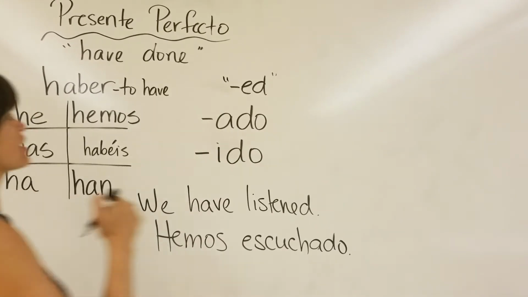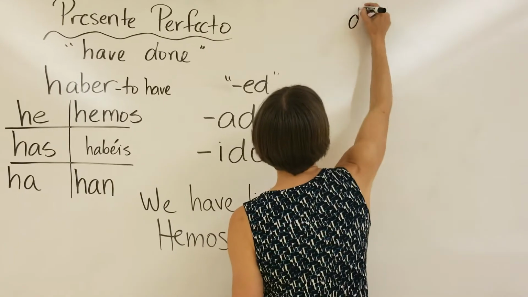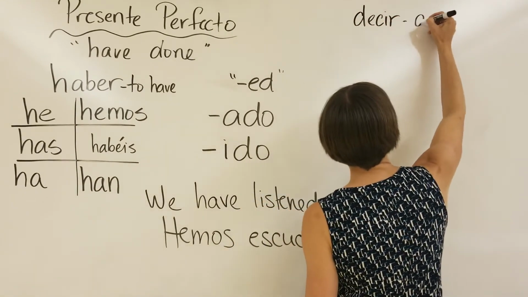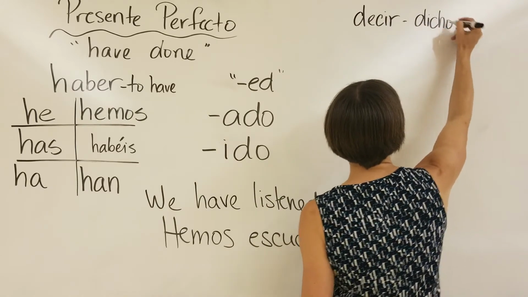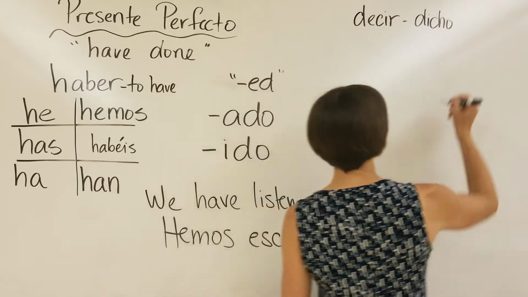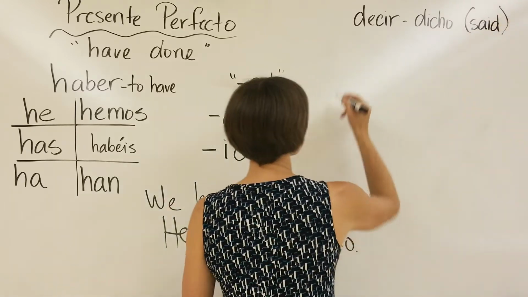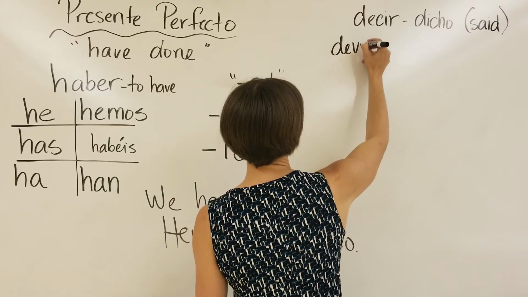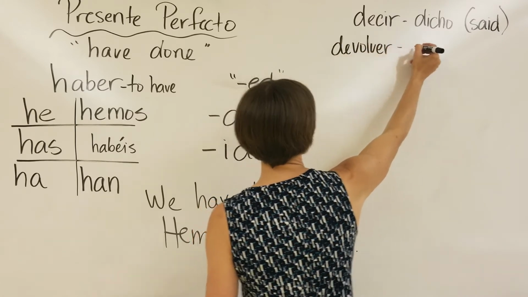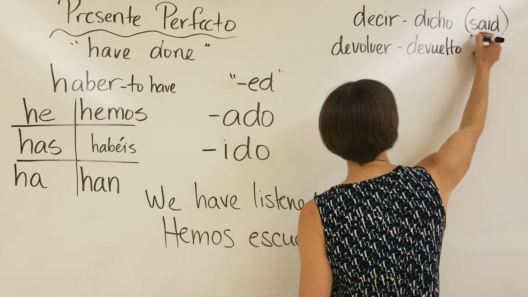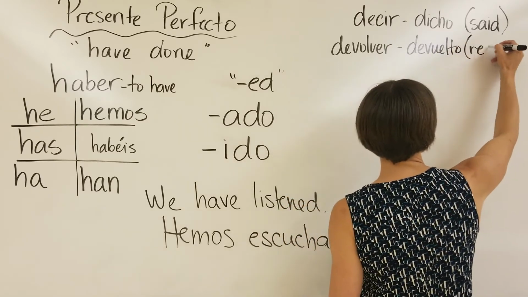All right, so we've got the verb decir. The irregular participle of decir will be dicho, which means said. We've got the verb devolver, becomes devuelto, which means returned.